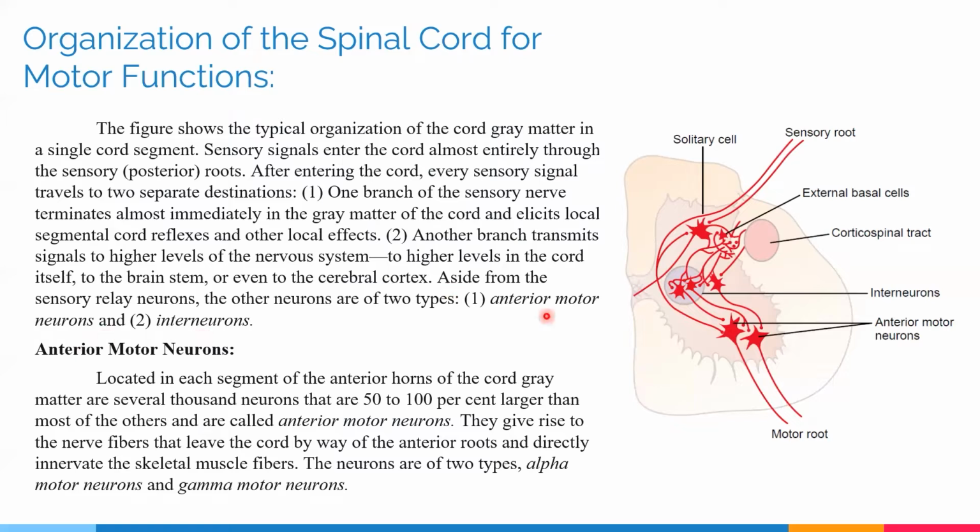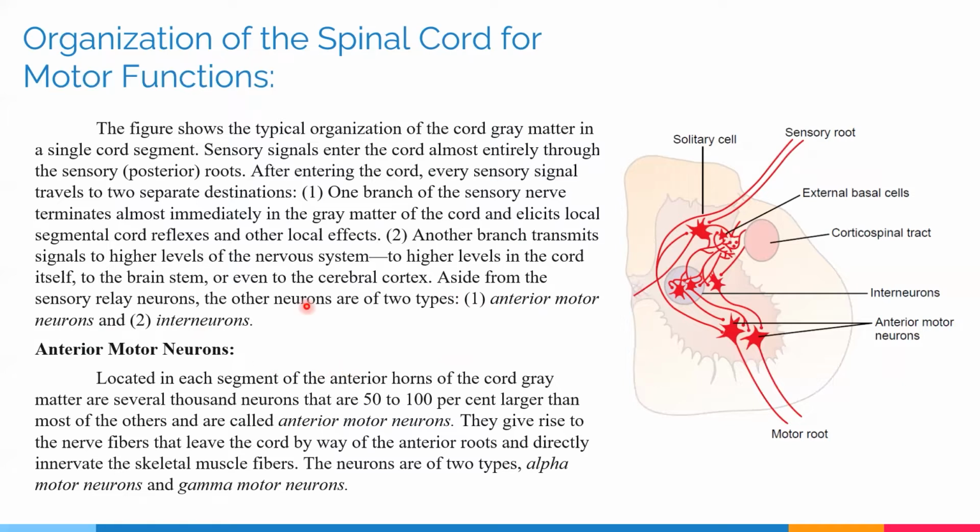We'll look into both of these briefly. Here is a schematic that shows the entire process that is happening. So here you can see the sensory root that goes out and branches into two parts. One of them synapses on an interneuron and the other on an anterior motor neuron.